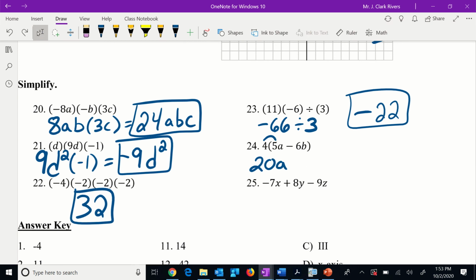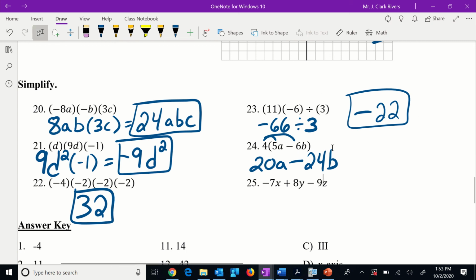The other way to think about it is, what is 4 multiplied by negative 6? 4 multiplied by negative 6 is negative 24b. So you could write it like this, minus 24b, or you could write plus negative 24b. Either way, it's the same thing. I'm going to write it as minus 24b, but either way you get full credit on your test.